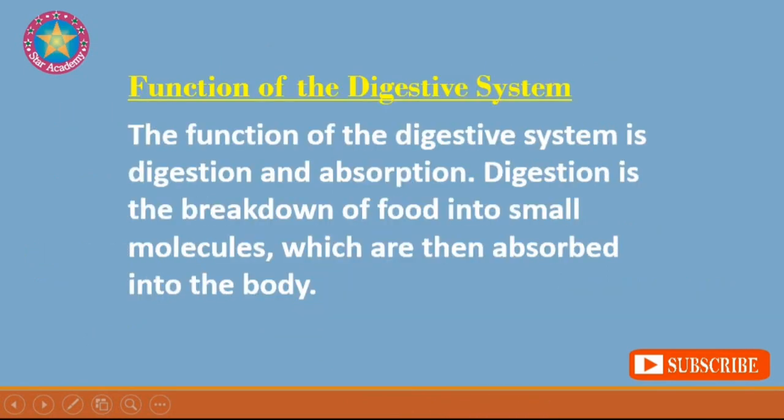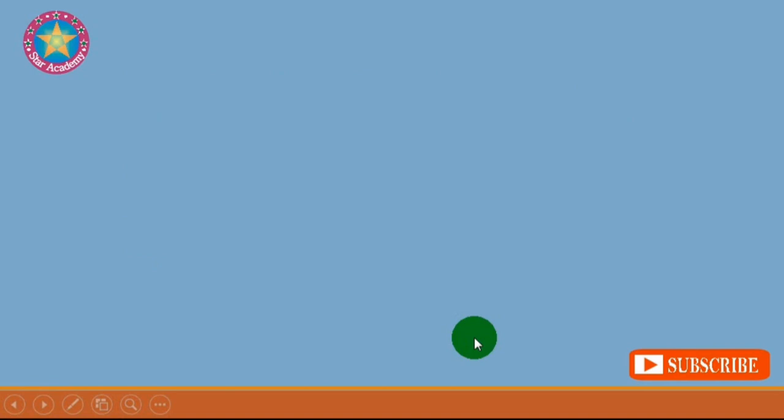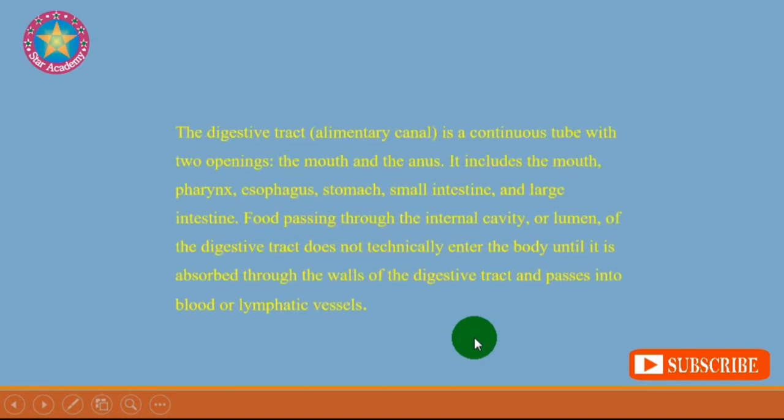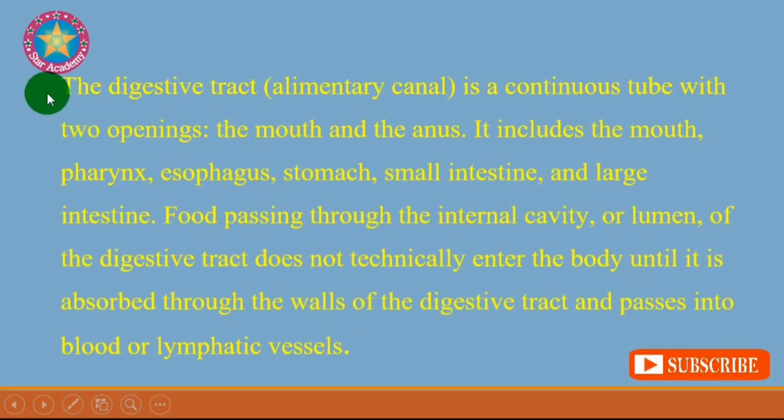Function of digestive system. The function of the digestive system is digestion and absorption. Digestion is the breakdown of food into small molecules, which are then absorbed into the body. The digestive tract or alimentary canal is a continuous tube with two openings, the mouth and the anus.